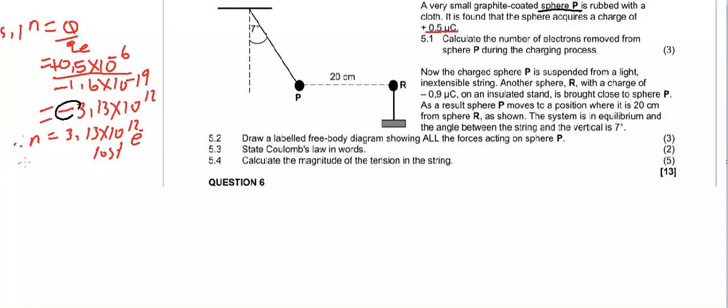Then we continue. Now the charged sphere P is suspended from a light inextensible string, and another sphere R, which has a charge of minus 0.9 microcoulomb on an insulated stand, is brought close to sphere P. So since this one is negative and this one is positive, there will be a force of attraction.